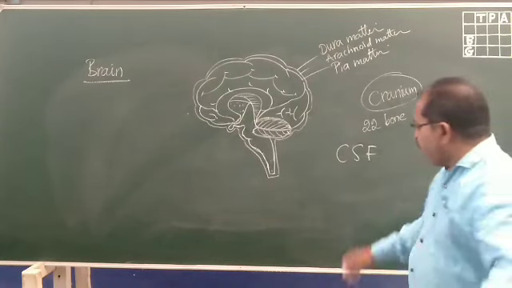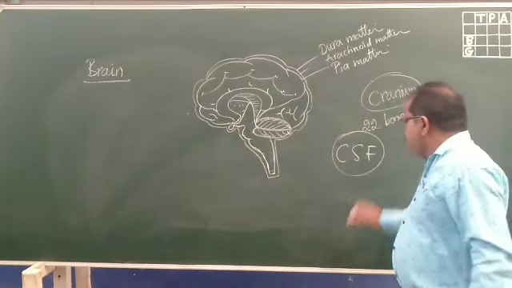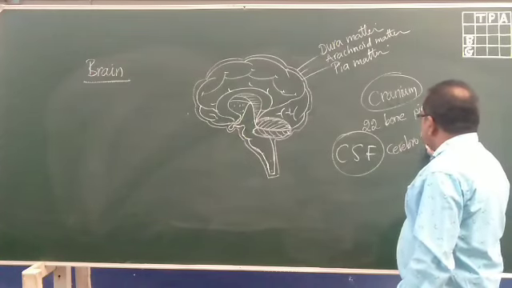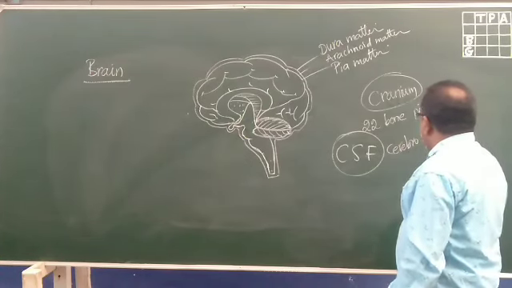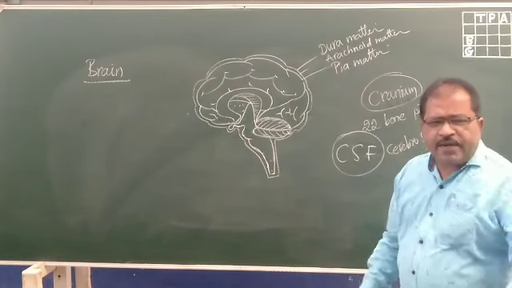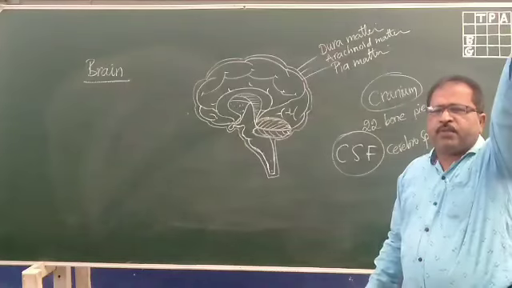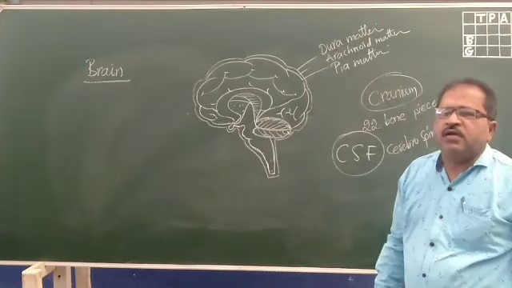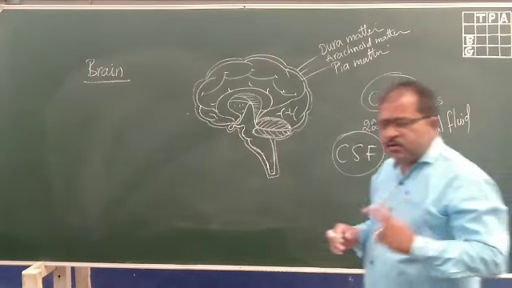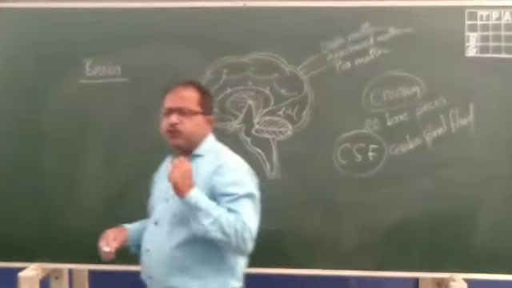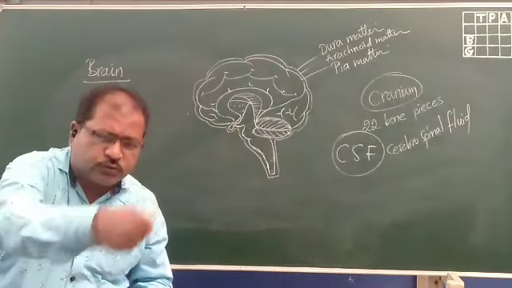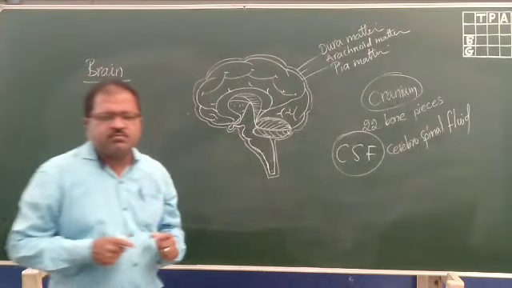The cerebrospinal fluid will be running right from the spinal cord to the brain and from the brain to the spinal cord, and it will protect the total brain and spinal cord from external injuries, jerks, blows or shocks.